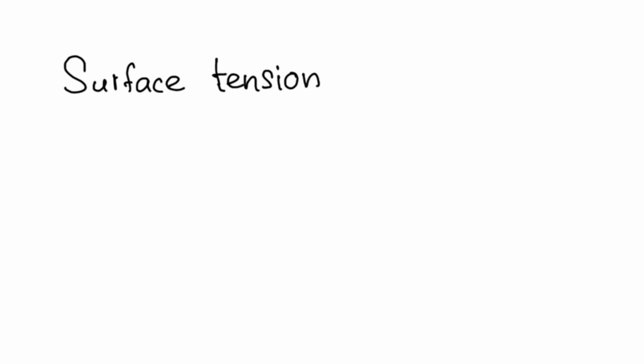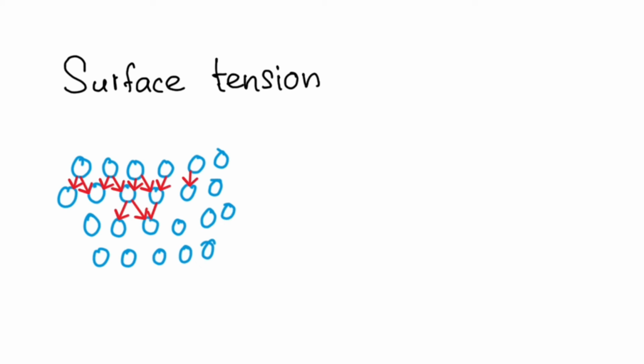Here, because of the cohesive forces, water molecules attract towards themselves. So in a water body, all the water molecules are attracted towards the water molecules below. So what happens is there is a big force on the uppermost layer of the water molecules towards the other water molecules.